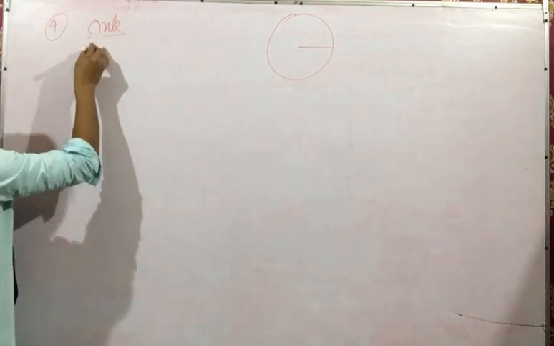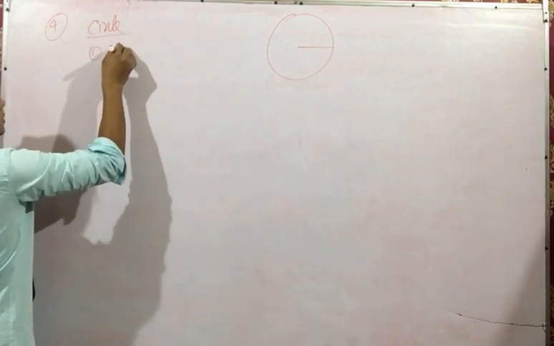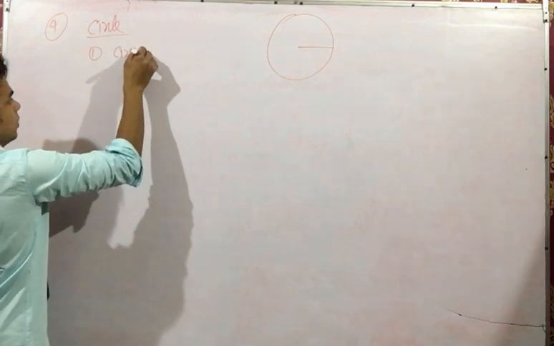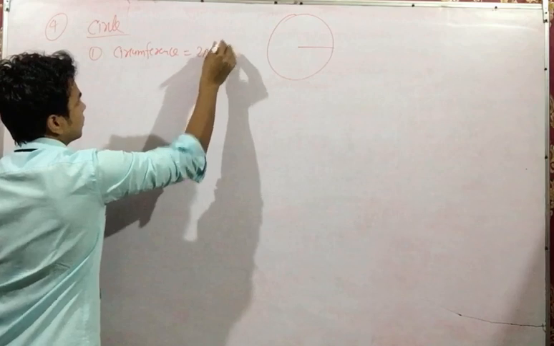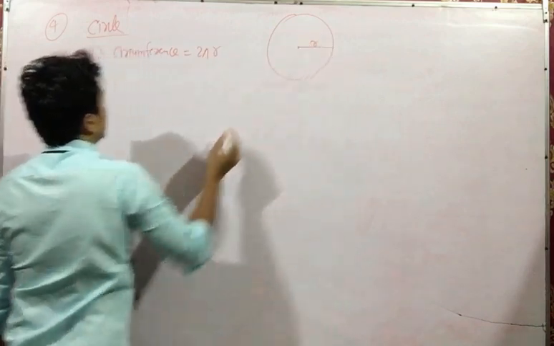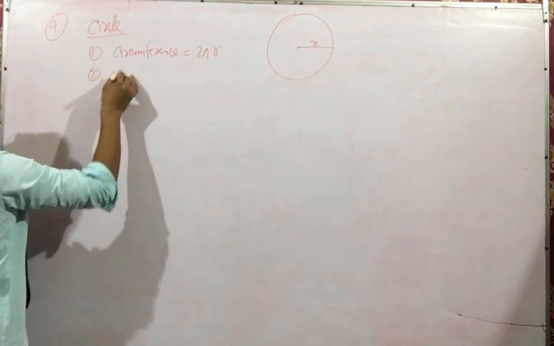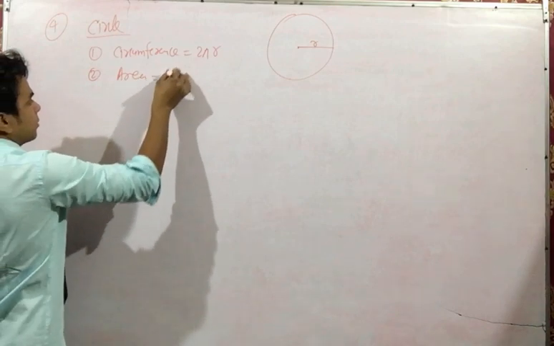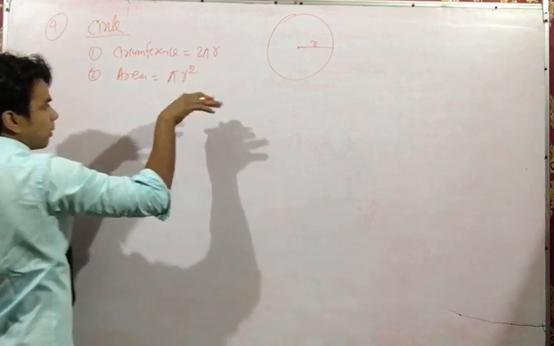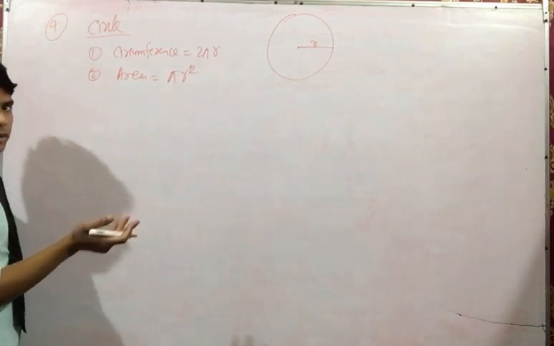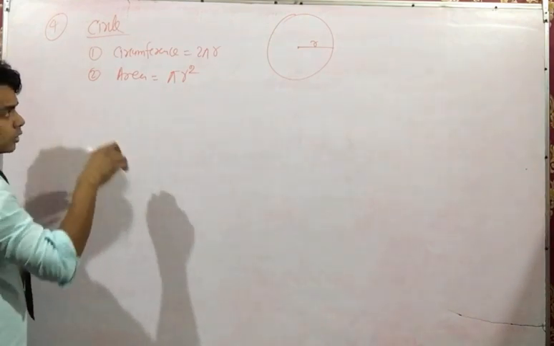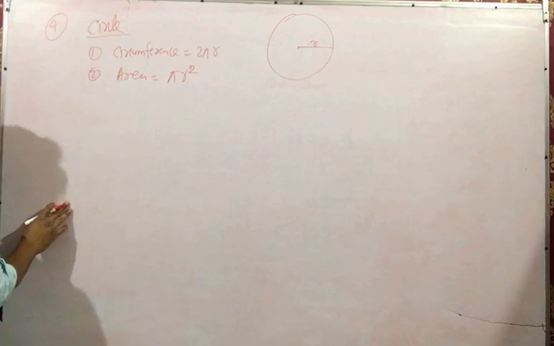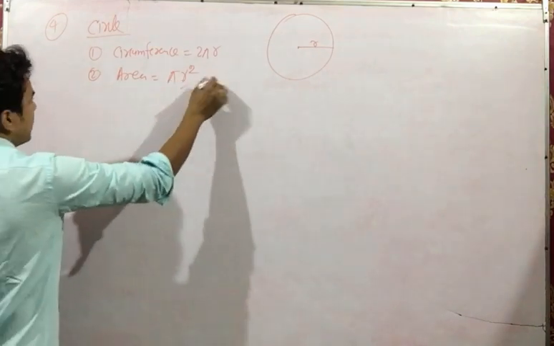In circle, the first thing we calculate is circumference, which behaves as perimeter in this case, and is 2 pi r, where radius is r. Next thing is area. Area is pi r square. If you talk about semicircle, it is half pi r square, that you know. Okay, and there is a formula of sector also, but we will study that in area of sector and segments. That is a different part, so keep it here only.